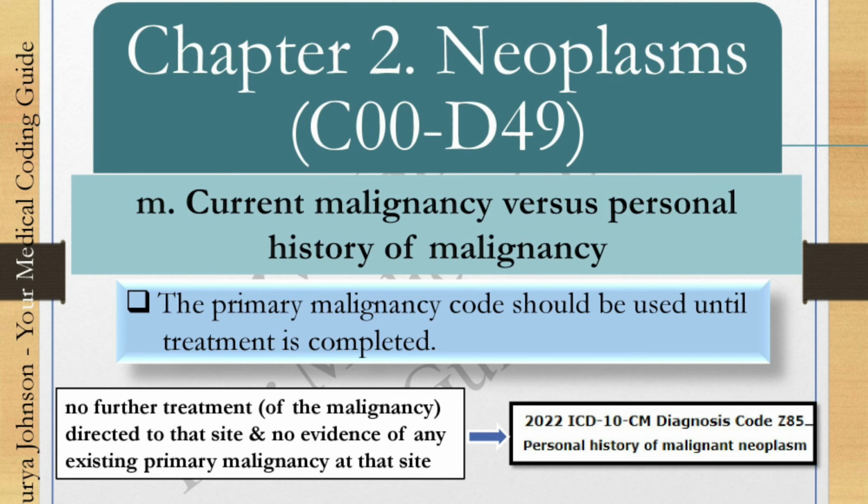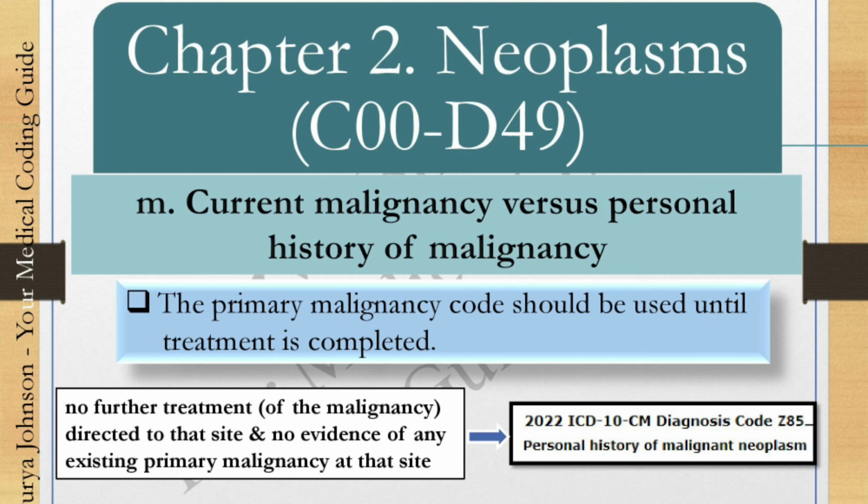So if no further treatment for the malignancy is directed to that site and there is no evidence of any existing primary malignancy at that site, then you will go for Z85, which is the personal history of malignant neoplasm, which we already saw, and they are just putting it again here as a new point just to confuse.